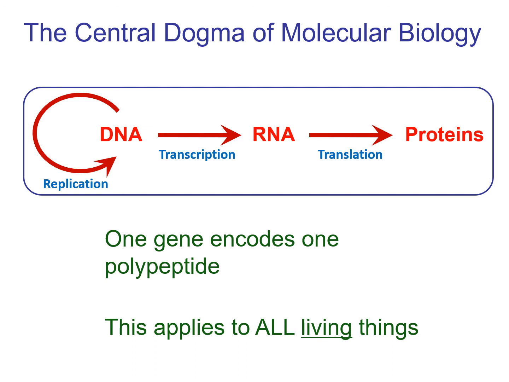And finally, translation is where the information in RNA is used to make a protein. So the information that's found in DNA and then RNA is a code. It's a code for amino acids. So each amino acid can be coded for by 3 nucleosides.